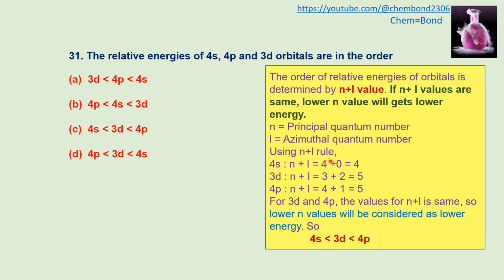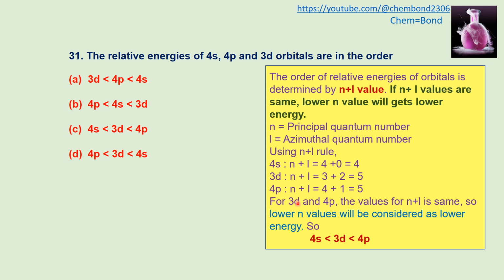For 4s, n is 4 and l for s is 0, so it results in 4. For 3d, n is 3 and l for d is 2, so it becomes 5. For 4p, n is 4 and l for p is 1, so it results in 5.